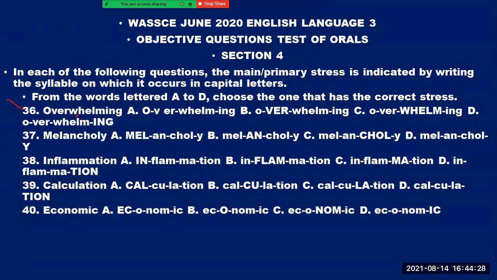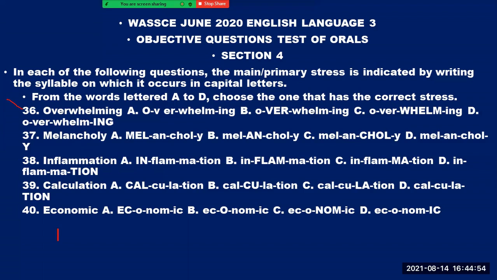Question number 36. We are given the word overwhelming. All right. So here, since we can't place our fingers on any of the rules we discussed that applies here, then we rely on the rule of intuition. I want you to take note of this.